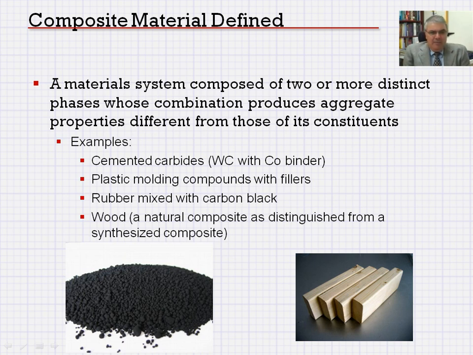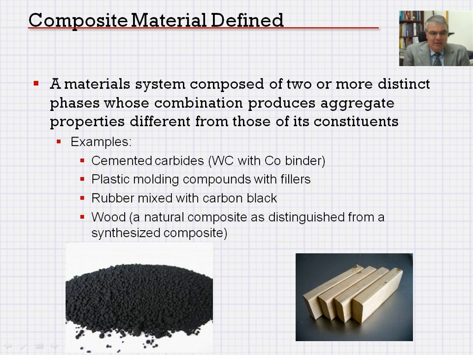So an example of composite material is cemented carbides, and the others we are very familiar with: plastic molding compounds with fillers, and rubber mixed with carbon black, which we use in making tires. And wood. Wood is a material that most people don't think of as a composite, but in engineering, wood is a natural composite.